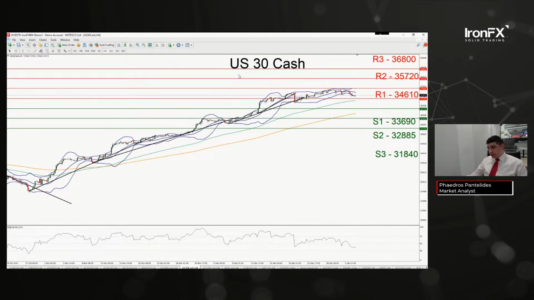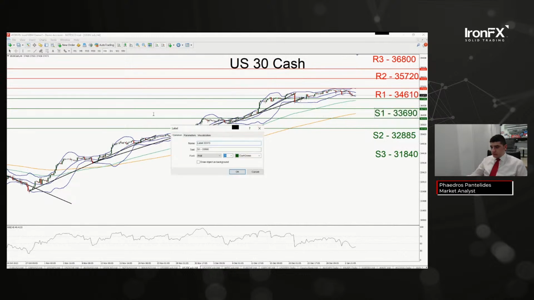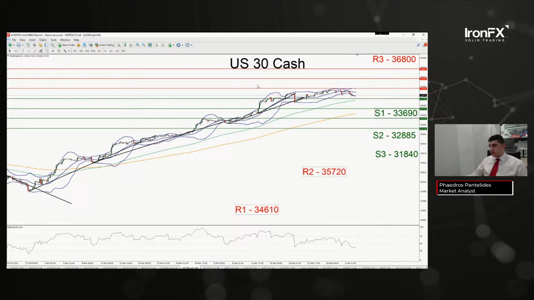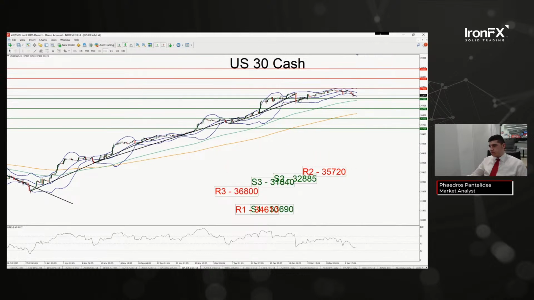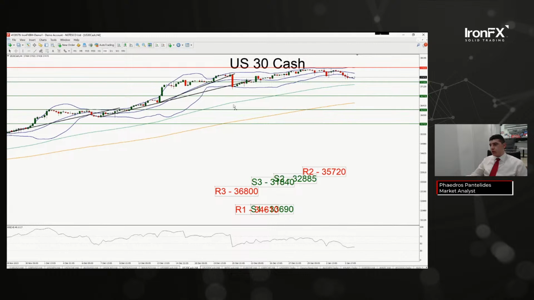Maintaining a bearish outlook for the Dow Jones 30 as well. So I'd take this to be resistance turns to support. And for the text labels, let's just place them to the side for now. And let's look more at the chart.